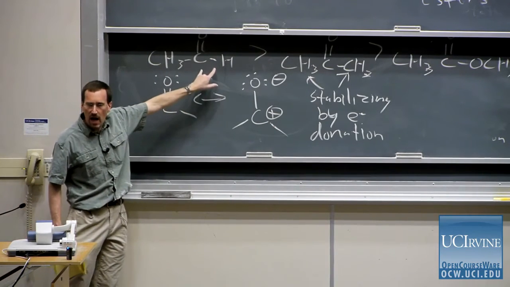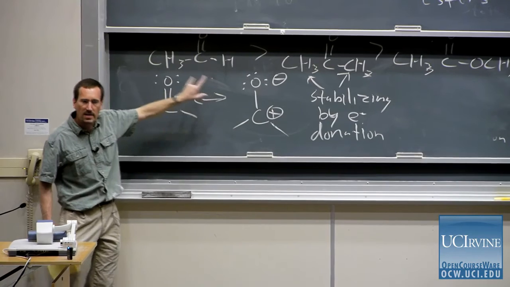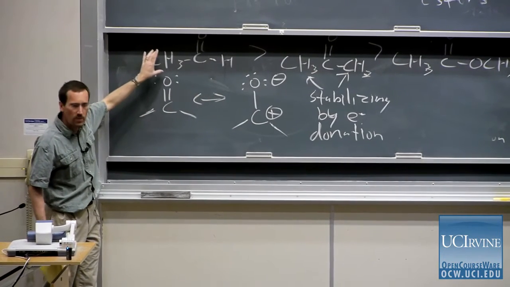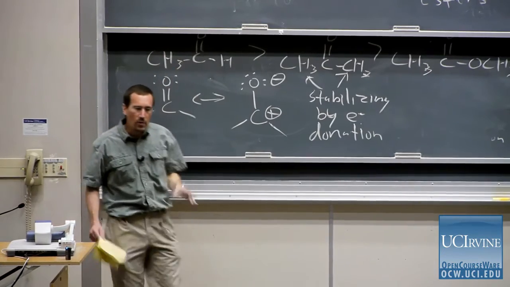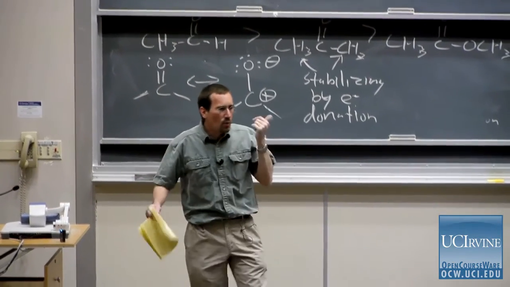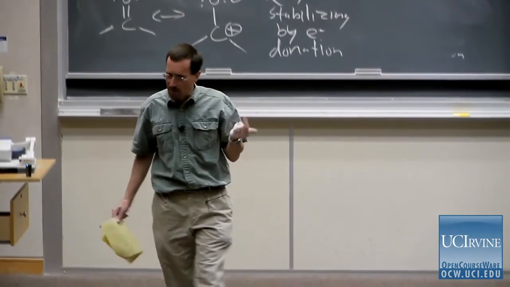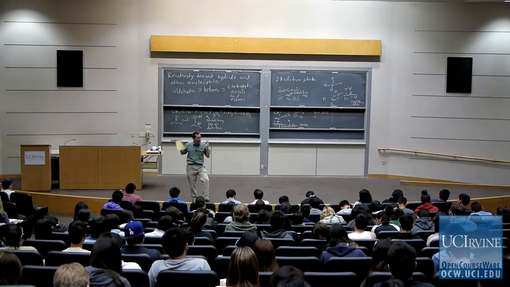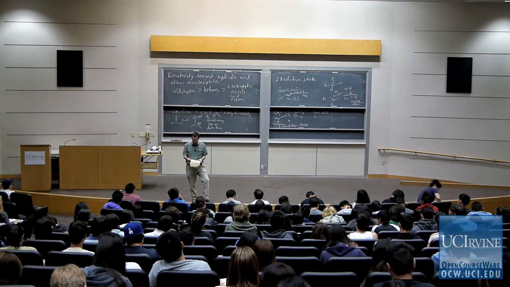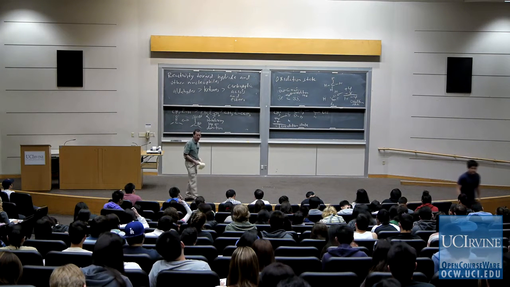When you have an aldehyde, like acetaldehyde, it's more reactive because you have only one alkyl group stabilizing. And if you have the one aldehyde with no alkyl groups, formaldehyde, it is extremely reactive because there is absolutely no stabilization of the partial positive charge.